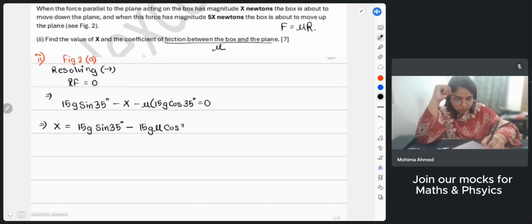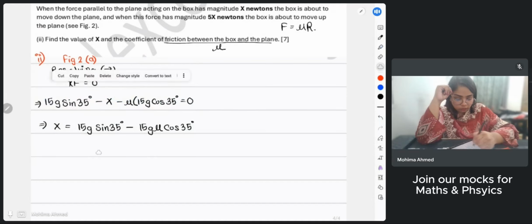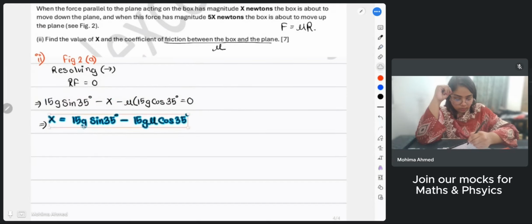Okay, now this is an expression for x, the first equation for x that you got. So I'm going to consider this as equation 1.